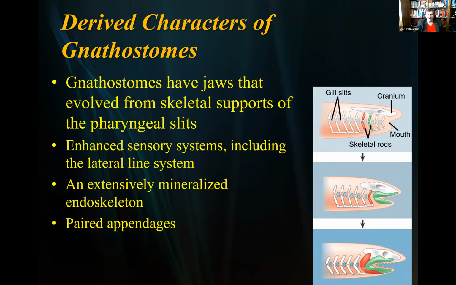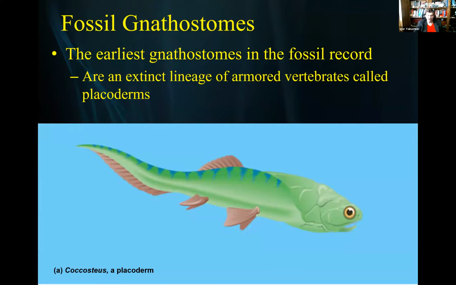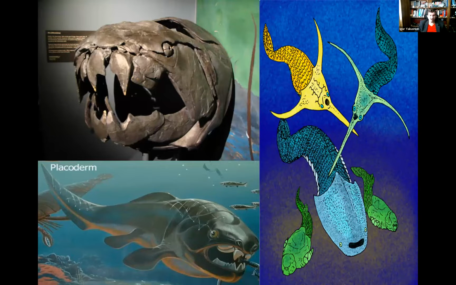And this is what we talk a little bit about, some of the armored placoderms. They already have jaws, paired appendages, everything is fine. And look at this particular creature. We start looking at the teeth, and this is a representation of the placoderm, 10, 15, 20 feet long.